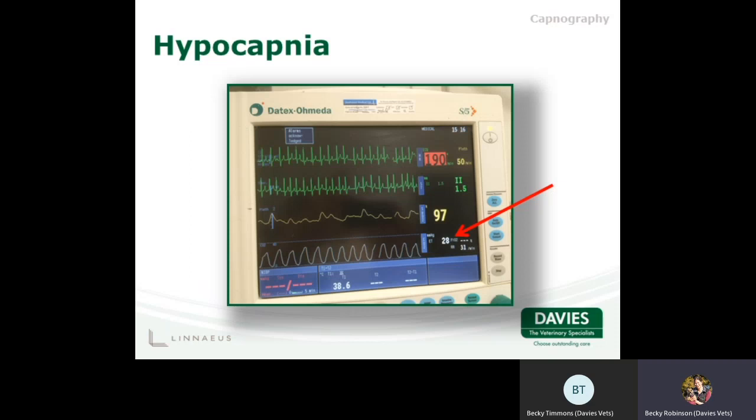This patient is hypocapnic with an end-tidal CO2 of 28 millimeters of mercury, but this was due to hyperventilation. And we can see this combined with the patient's heart rate of 190 would seem to indicate that they're responding to some sort of noxious stimulus during anesthesia.